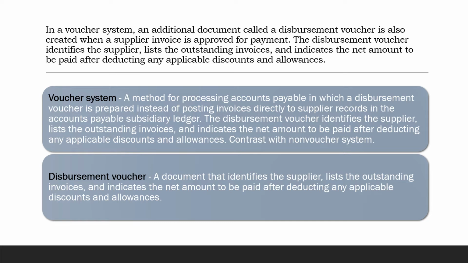The disbursement voucher identifies the supplier, lists the outstanding invoices, and authenticates the net amount to be paid after deducting any applicable discounts and allowances. So the voucher system is a method of accounts payable in which a disbursement voucher is prepared instead of posting invoices directly to the supplier's record and the accounts payable subsidiary ledger.